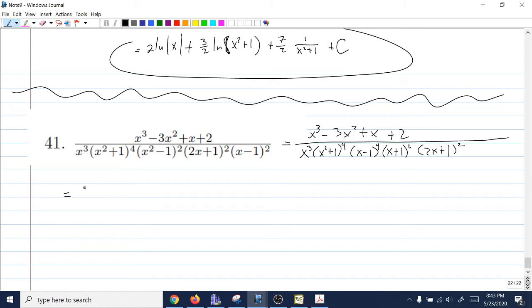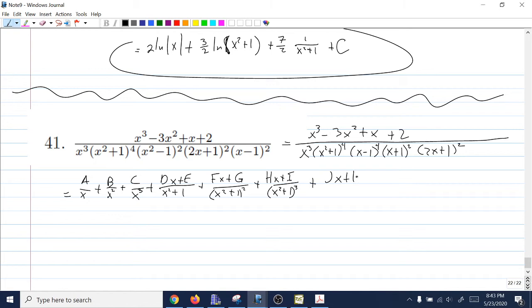This is going to break up into A over x, B over x squared, C over x cubed, Dx plus E over x squared plus 1, Fx plus G over x squared plus 1 squared, Hx plus I over x squared plus 1 cubed. Still going. Jx plus K over x squared plus 1 to the 4th.